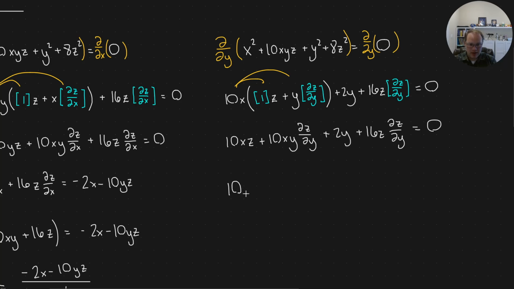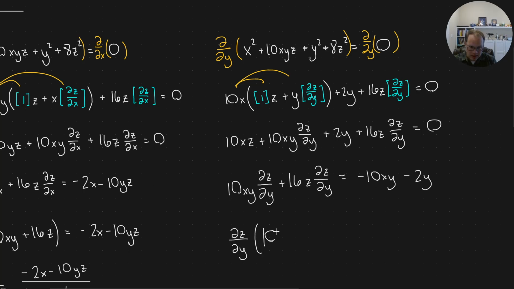So I'm left on the left-hand side with 10xy partial z partial y plus 16z partial z partial y. And on the right-hand side, I get minus 10xz minus 2y. I can factor out the common partial z partial y, leaving me 10xy plus 16z.